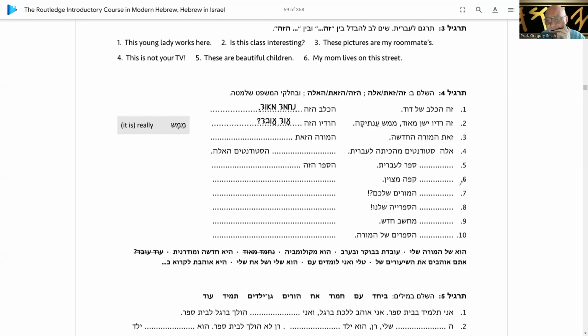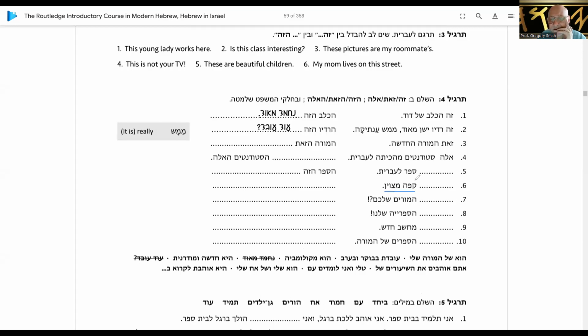Okay, number 6 has Cafe Metsuyan. So this is coffee, and Metsuyan, I think, means excellent. So if you were to say, this coffee is excellent. On Google Translate, it doesn't tell you if it's gendered in female or masculine.